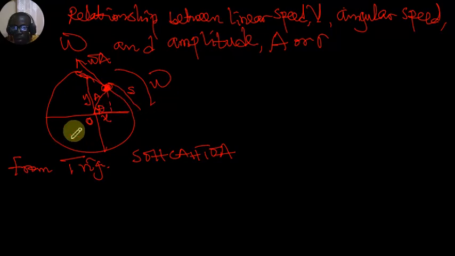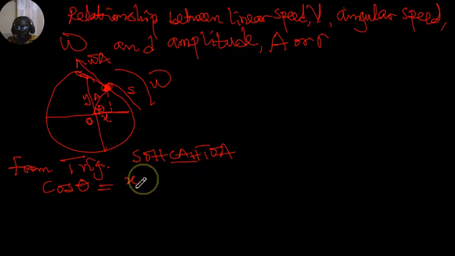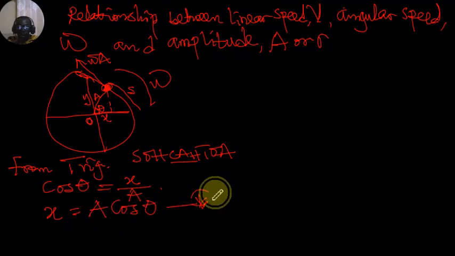We are dealing with adjacent, which is x, and the hypotenuse, a. So adjacent over hypotenuse gives us cos. So from this point we can have it that cos theta equals adjacent, which is x, over the hypotenuse, which is a. So therefore make x the subject of formula here: x equals a cos theta. Call this equation star.